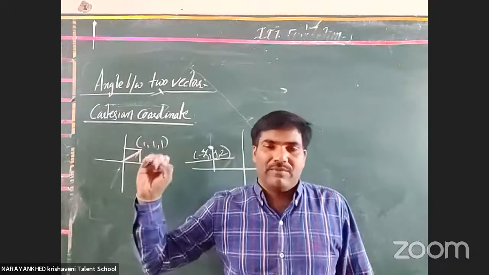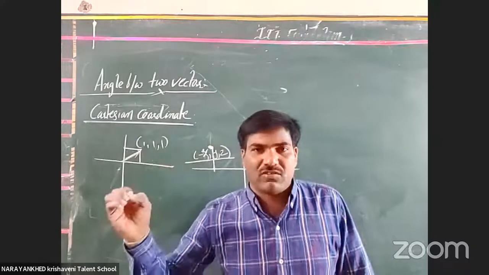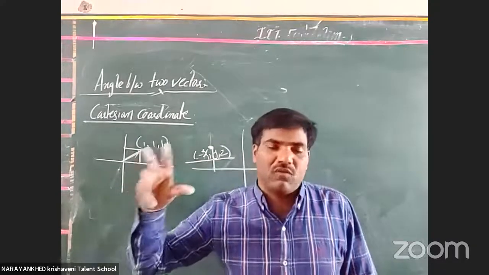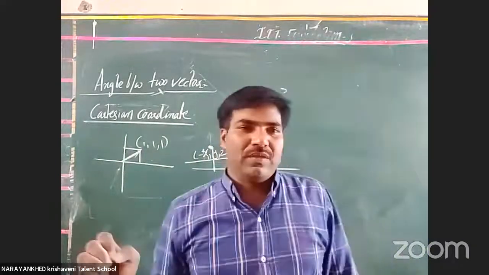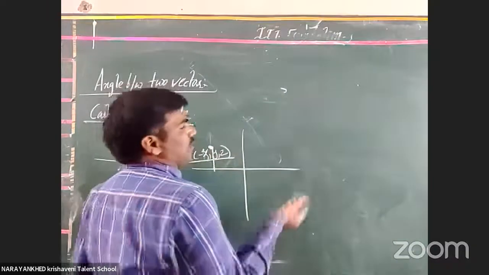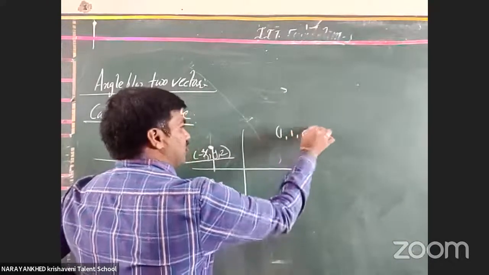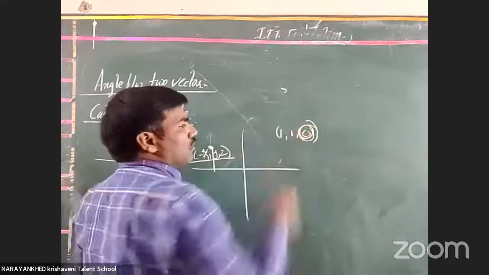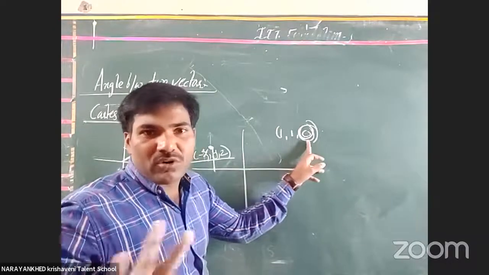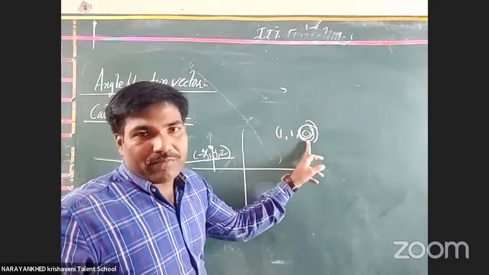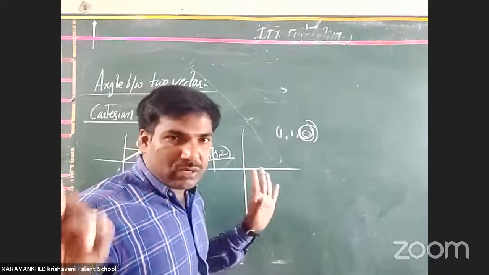Where we are located with respect to the x-axis, y-axis, and z-axis, those components become the Cartesian coordinate system. It may be 1 comma 1, or sometimes it may be 0 also, like 1 comma 0. That means there is no distance, no component with respect to the y-axis. Clear or not? Any zero means there is no component with respect to the concerned axis.